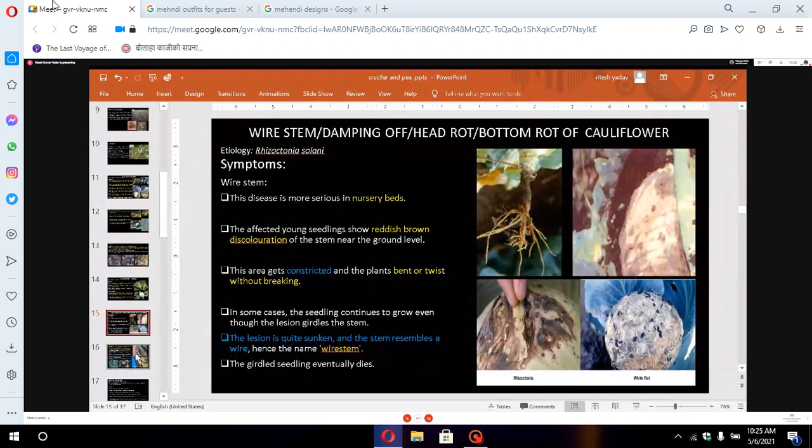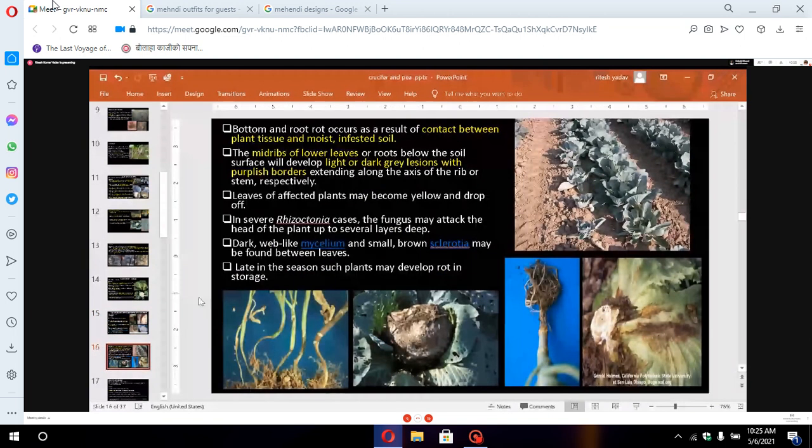So this is one of the phases which is known as wire stem or damping off, or sometimes it can cause bottom rot. When there's bottom rot, generally again the lower leaf, the midribs and petiole of the lower leaf come in contact with the soil. So when there is contact, they develop some kind of lesions.